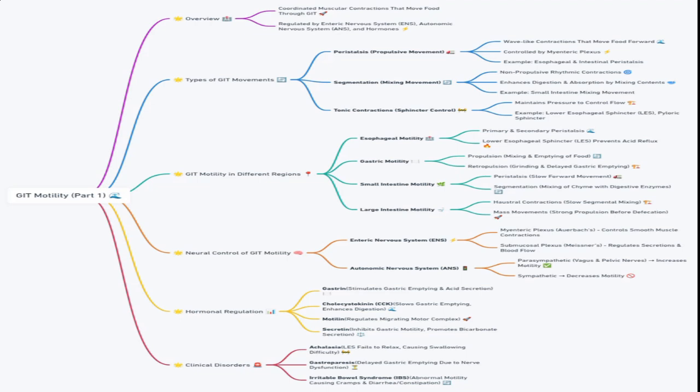The sarcoplasmic reticulum is also present, but less extensive. We have few mitochondria, and it depends more on glycolysis for its metabolic needs.